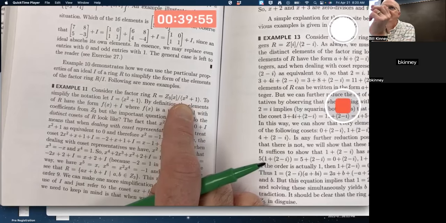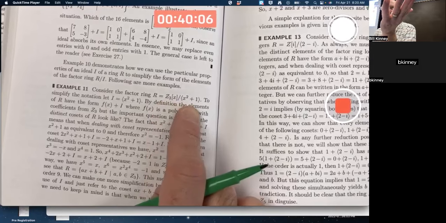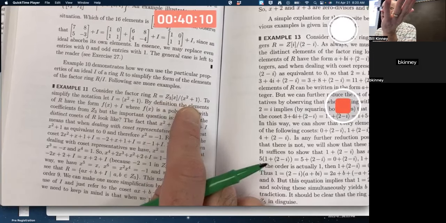It's all polynomials in here that have x squared plus 1 as a factor. Does x squared plus 1 have any roots in Z3? No, it doesn't.